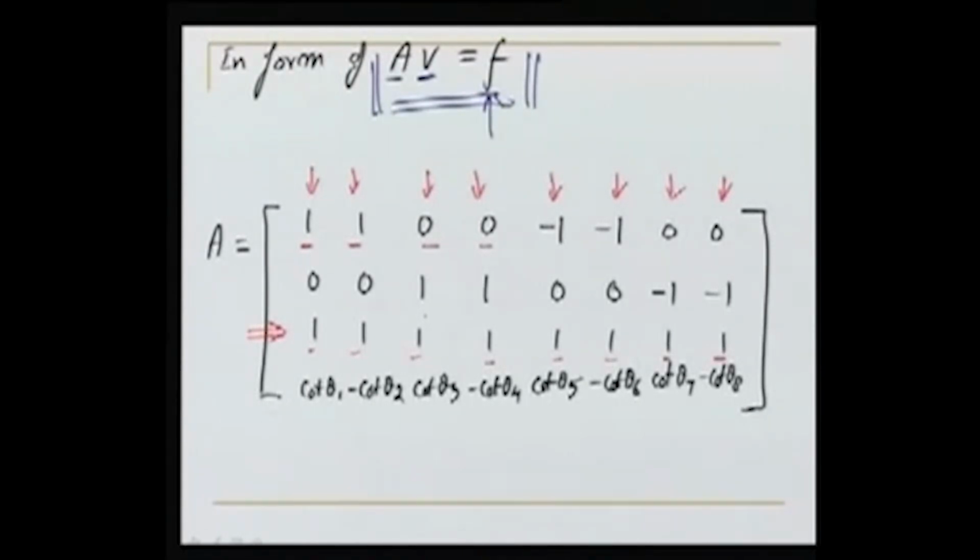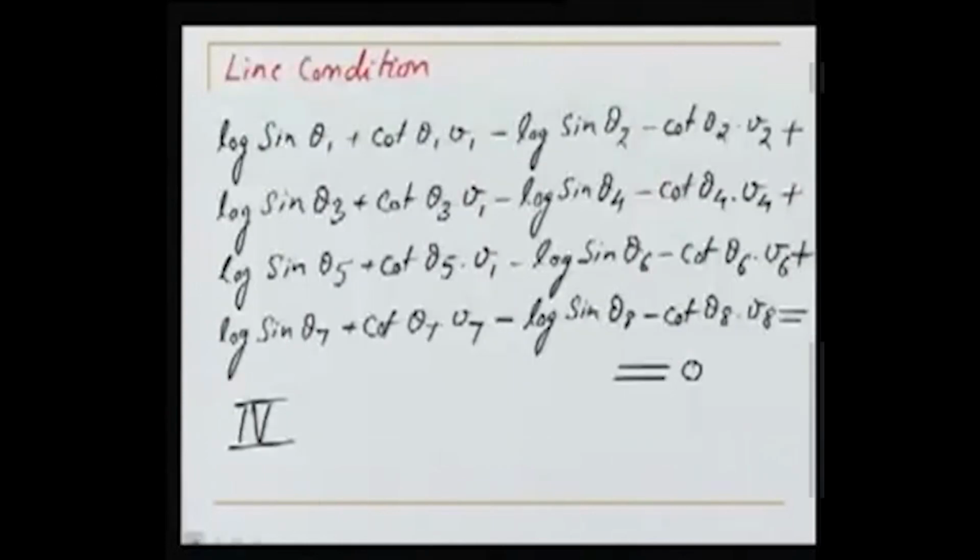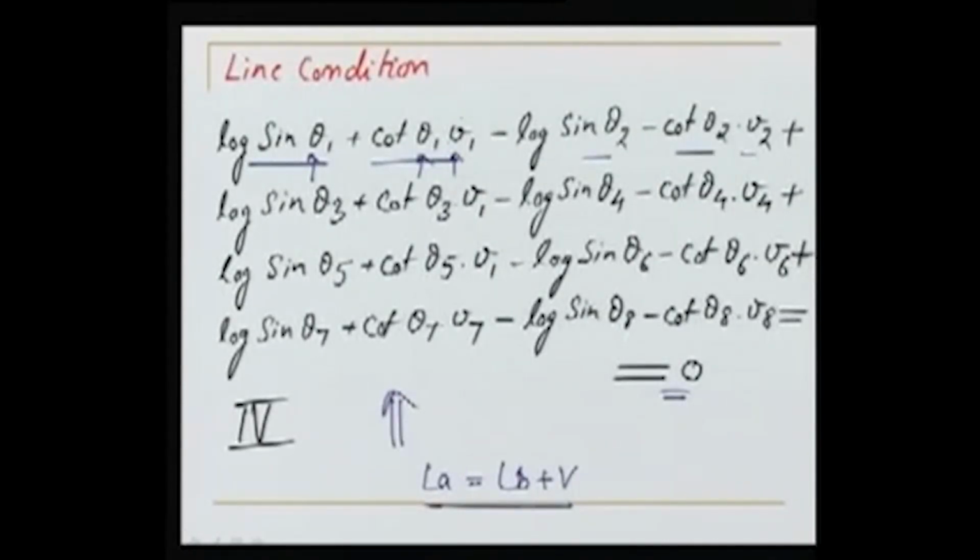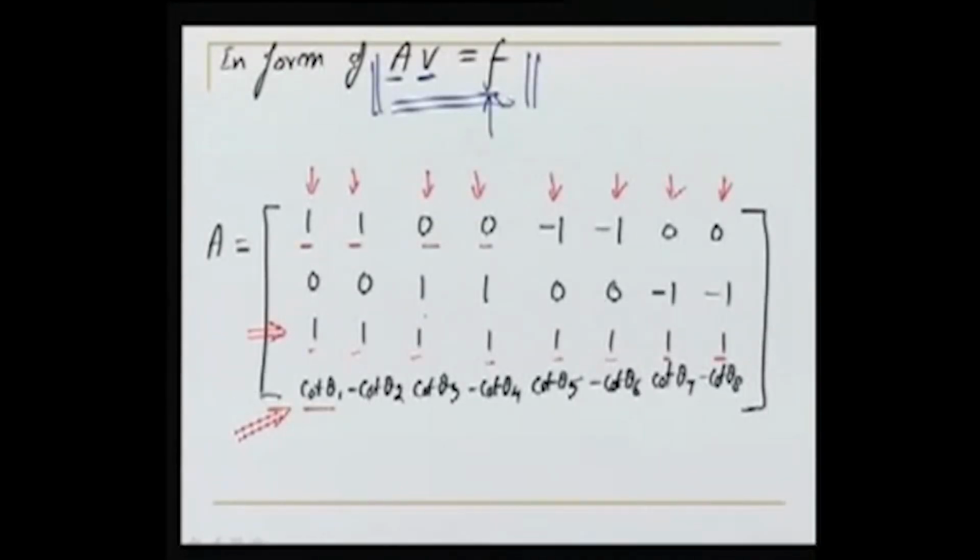Similarly, for the side condition, the coefficient of V1 is cot theta 1, the coefficient of V2 is minus cot theta 2. So we write here cot theta 1, minus cot theta 2, cot theta 3, minus cot theta 4, cot theta 5, minus cot theta 6 and so on.